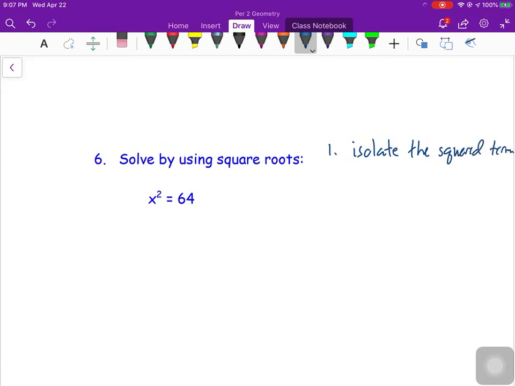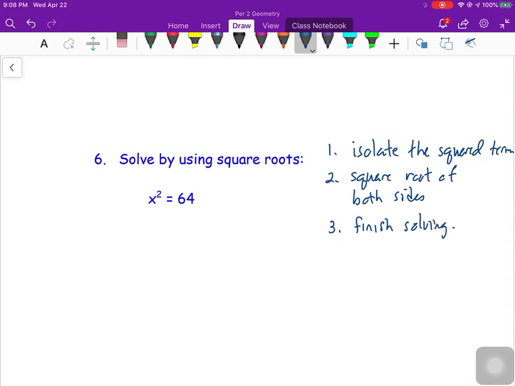That means we want to get the thing that's squared by itself. Second step, we take the square root of both sides. And then the third step is we finish solving.